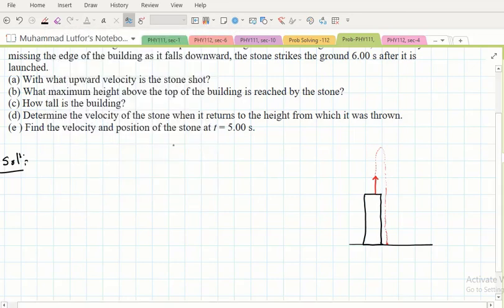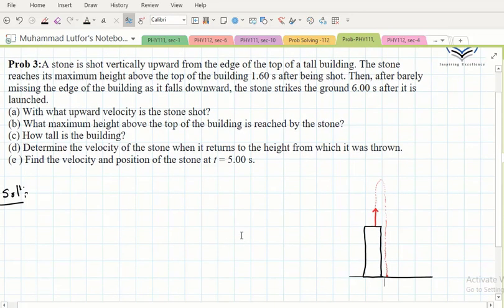Now once you throw that stone into the air, it will move only under the influence of gravity, right? That means only one force will be acting on the stone. So that's how we can say it's basically free fall. And in this case we will neglect the air friction, which is basically the ideal case.